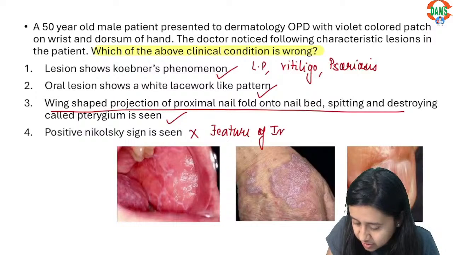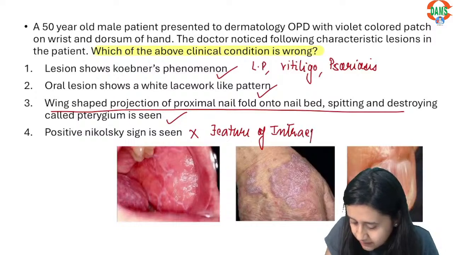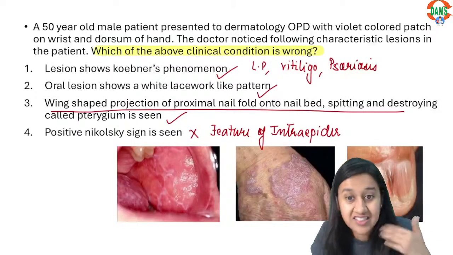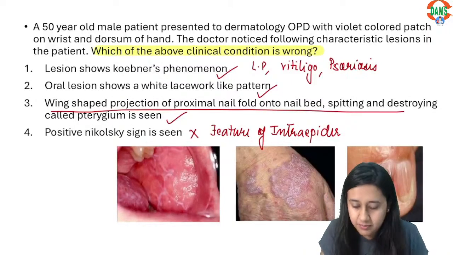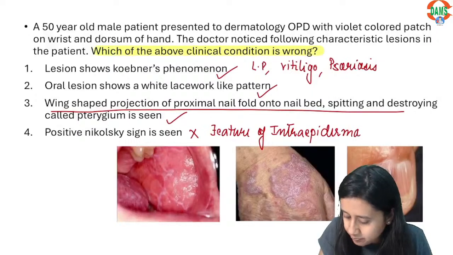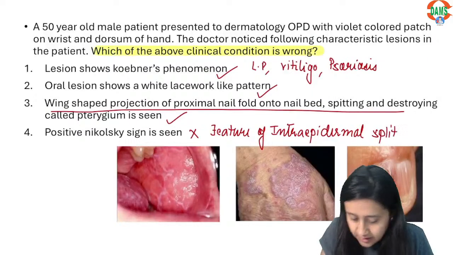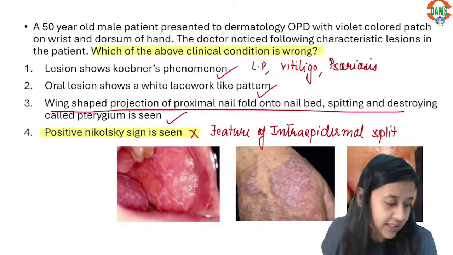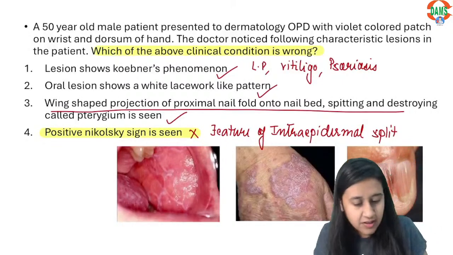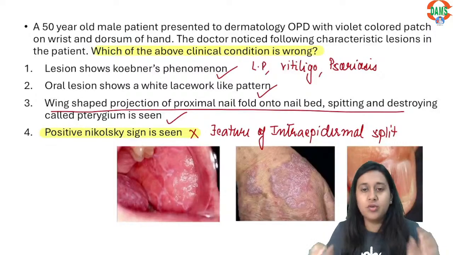It is seen in patients of pemphigus, bullous pemphigoid, staphylococcal scalded skin syndrome, toxic epidermal necrolysis, etc. But not lichen planus. So the correct answer becomes option number 4. This is actually not seen in lichen planus patients. Great, great. Now we are going to the next question.